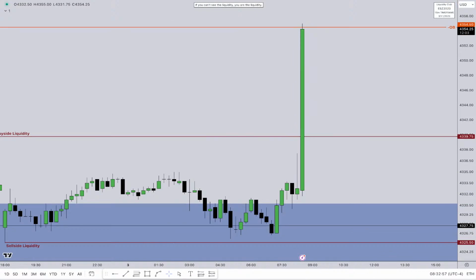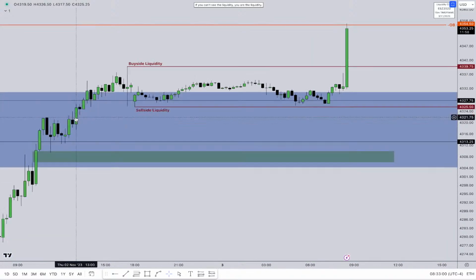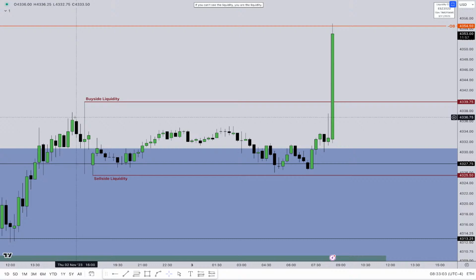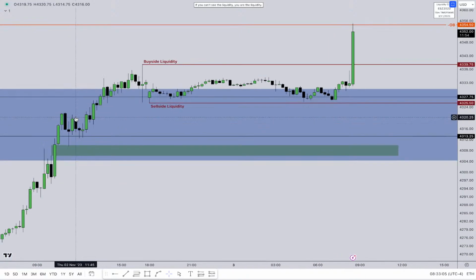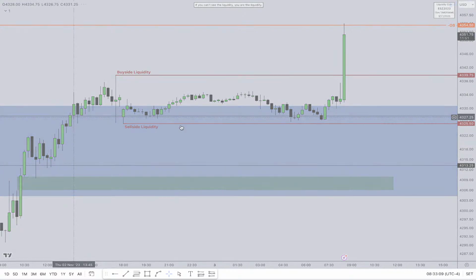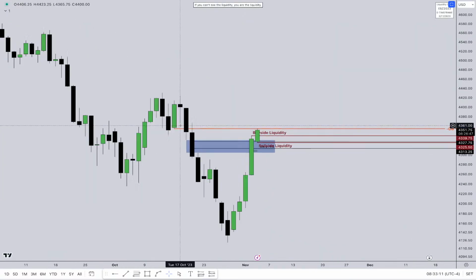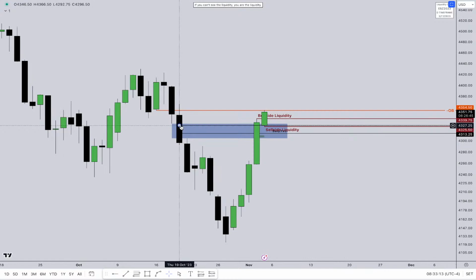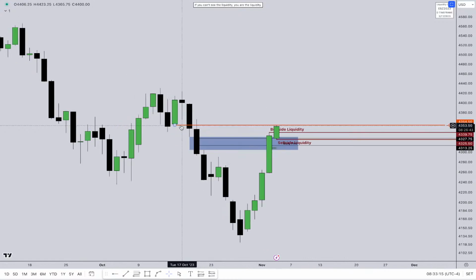Price has reached the bearish order block. We can see some reaction here of the bearish order block.